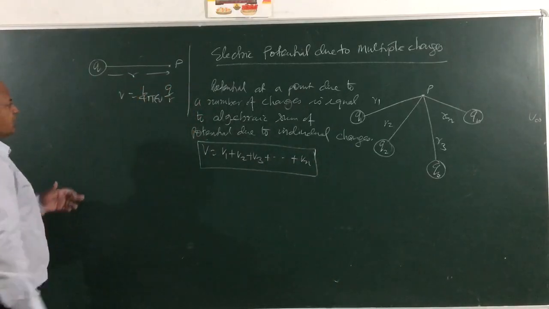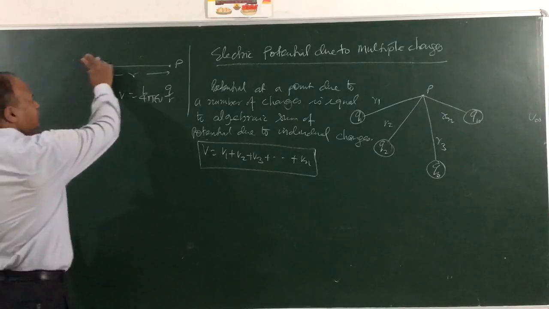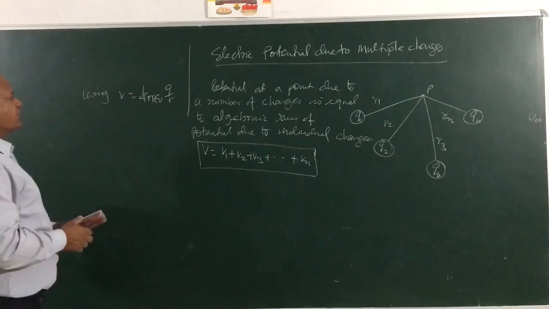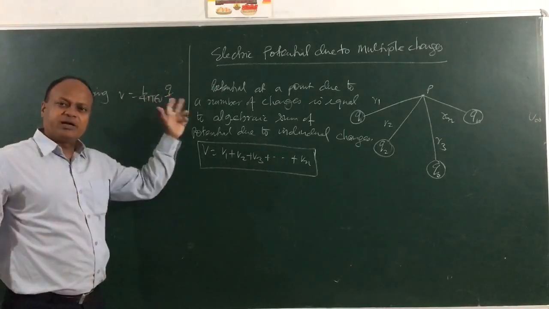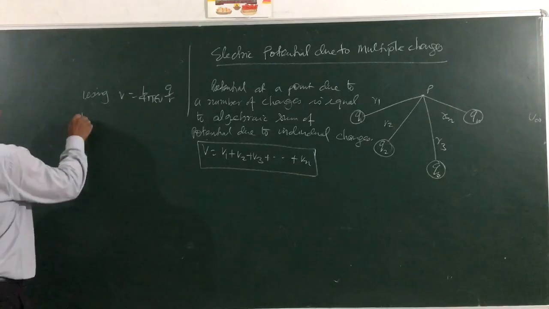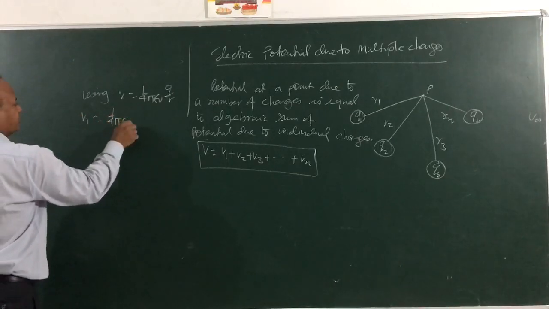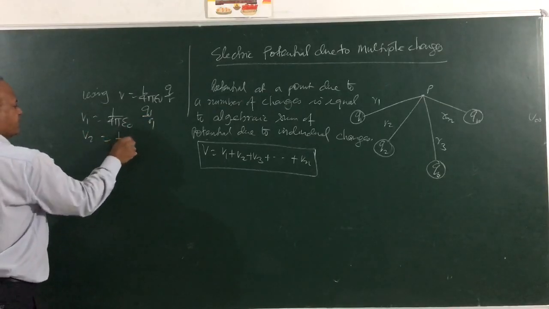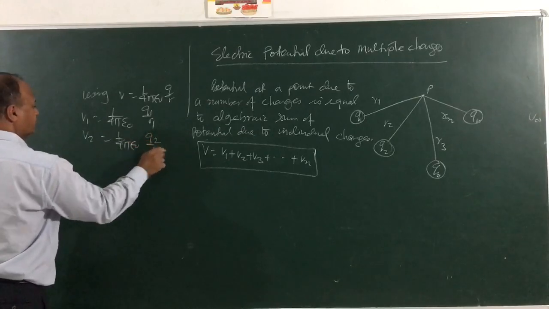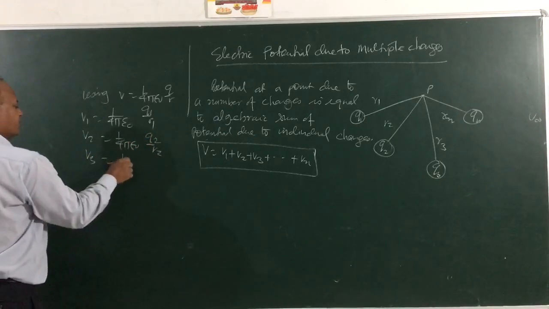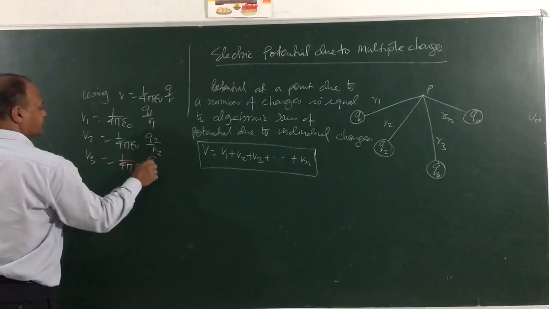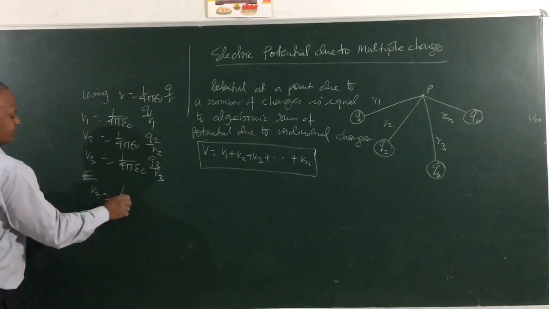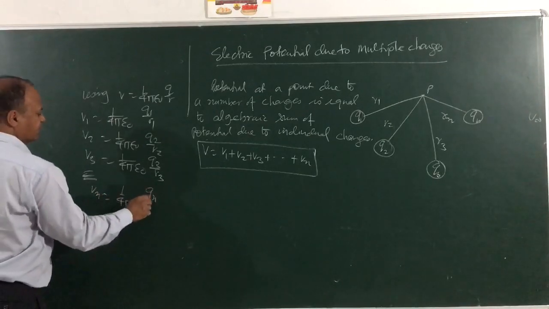And children, if I use this formula V equals 1 by 4 pi epsilon 0 Q by r, then how much is V1? 1 by 4 pi epsilon 0 Q1 by r1, V2 is 1 by 4 pi epsilon 0 Q2 by r2, V3 is 1 by 4 pi epsilon 0 Q3 by r3. Dot dot, and Vn is equal to 1 by 4 pi epsilon 0 Qn by rn.